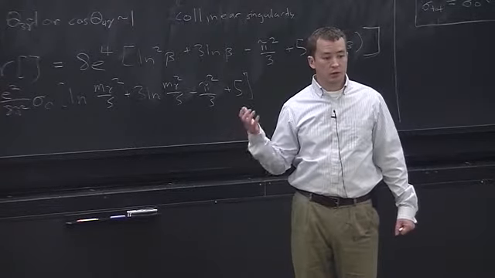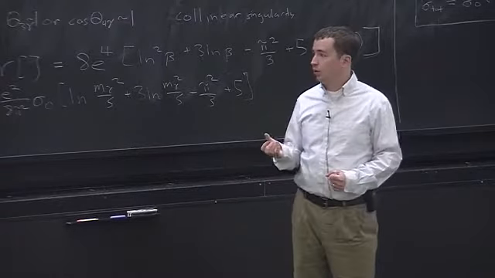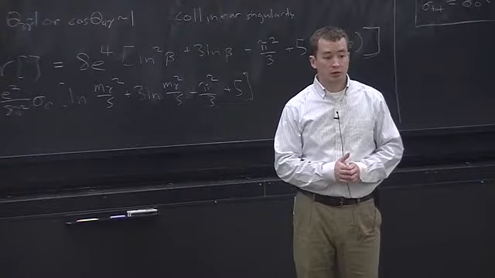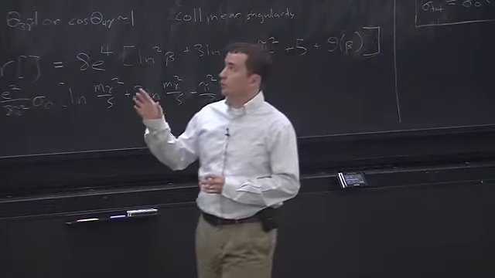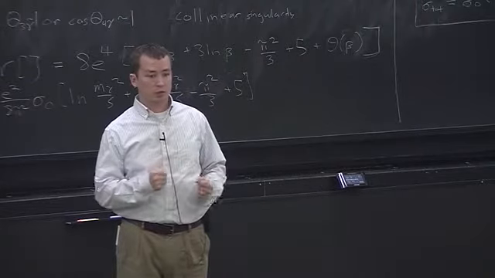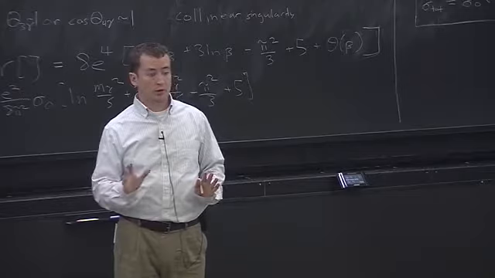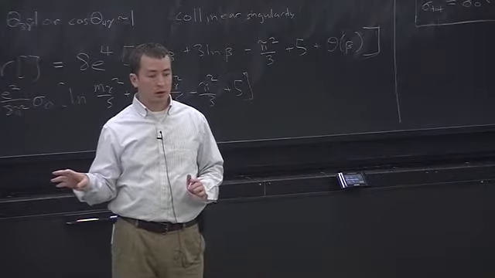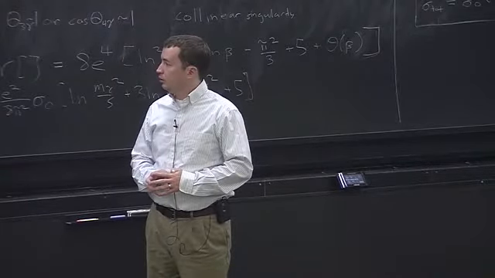If we went to higher order, we'd get more divergences that would cancel. So if we're interested in electron-positron to muon-antimuon scattering at sufficiently high order, we'd also have to consider double real emission diagrams.